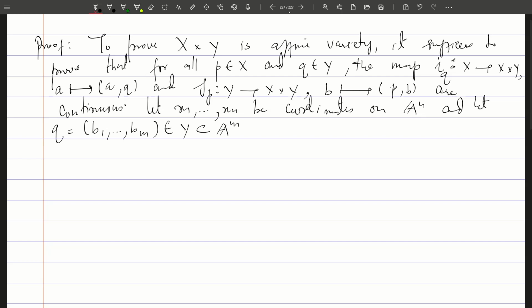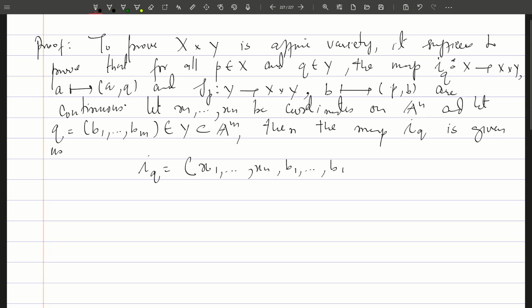So then this map i_q is given by the tuple x1 up to xn, then b1 up to bm.